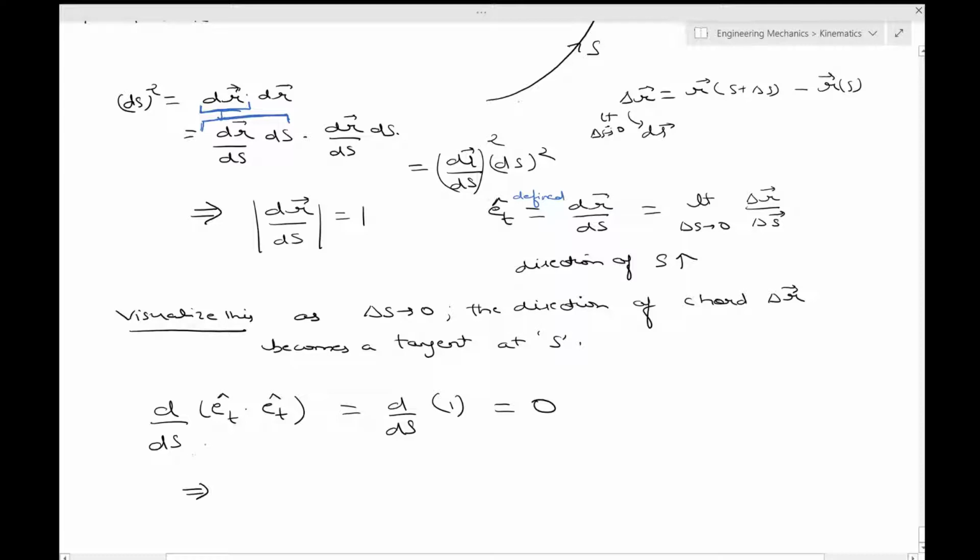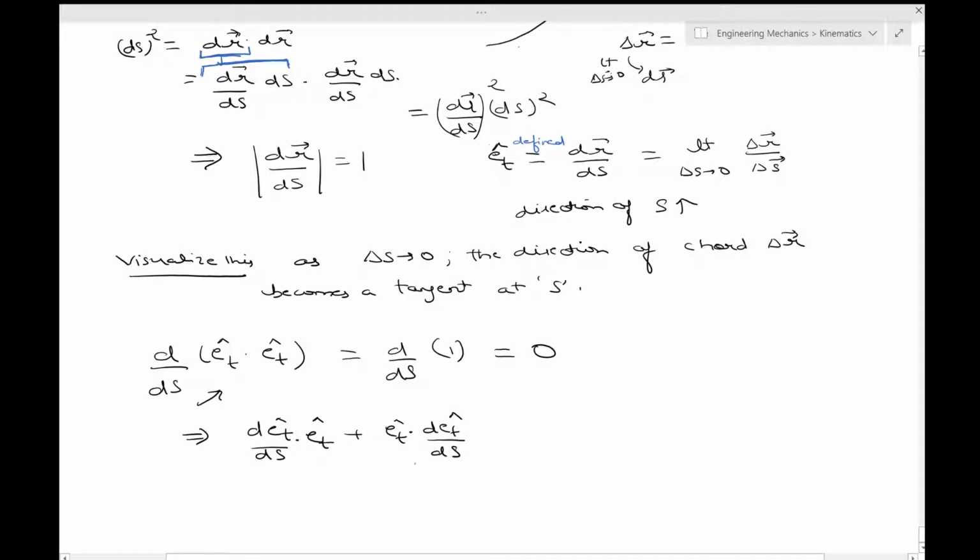So you can apply the chain rule over here. So it will be det hat ds dot et hat plus et hat dot det hat ds. Now this particular term will be equal to det hat ds dot et.